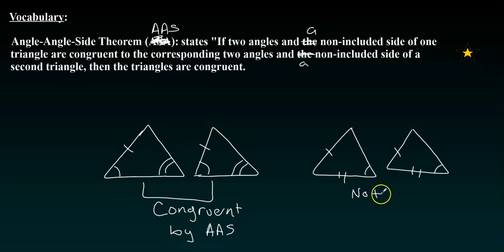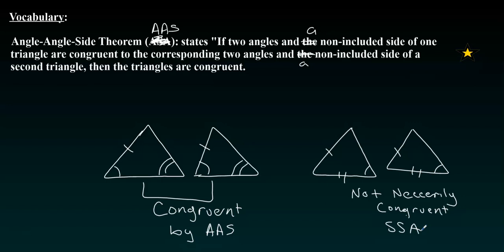They are not necessarily congruent. Okay, this would be the case of a side and an angle. It's not that they're not congruent, it's that with that they're not necessarily congruent.